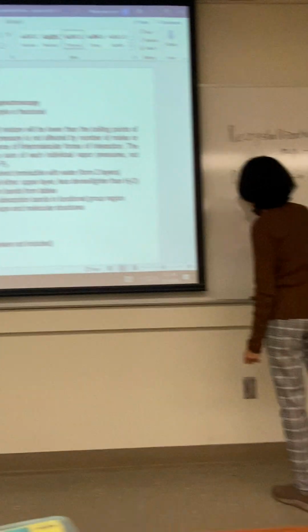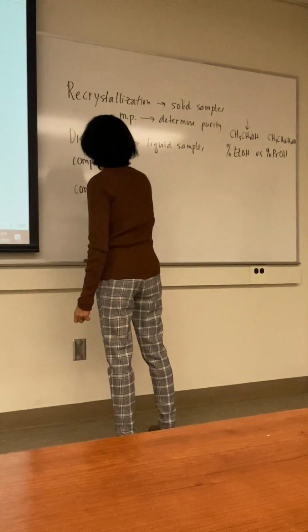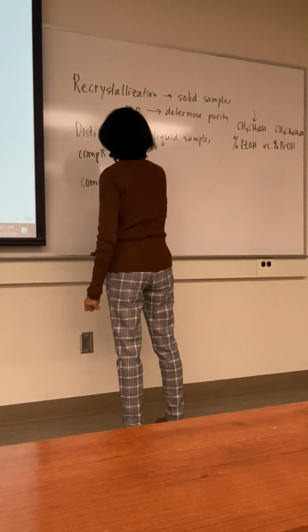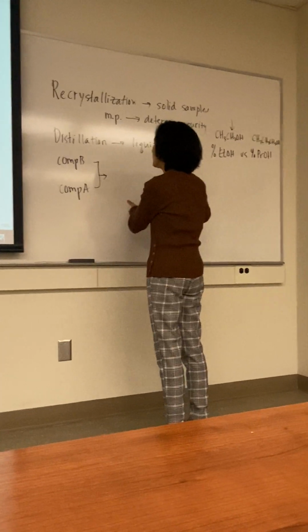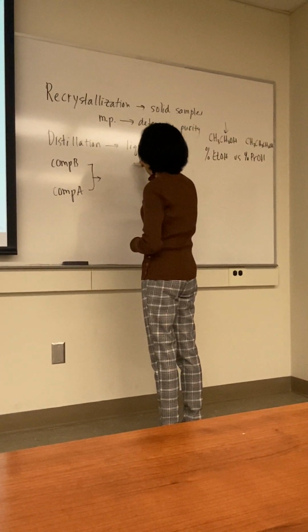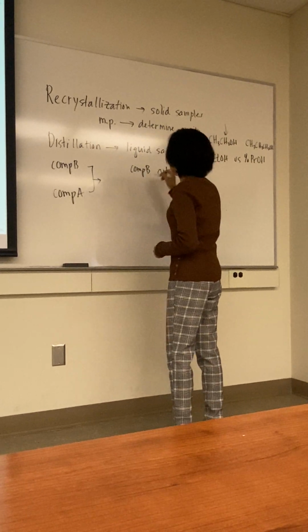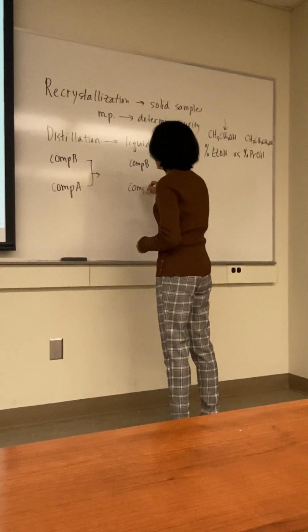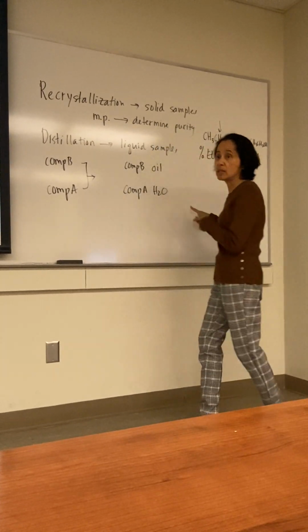For the fractional, I said component B, component A. The boiling point of this is going to be in between the boiling points of the two. But for steam distillation, component B is the oil, and component A actually is water because you have steam.